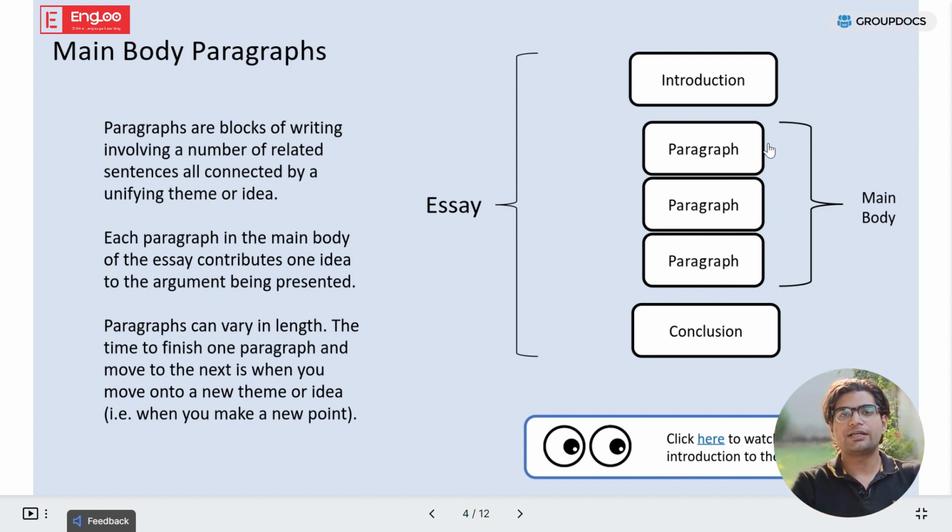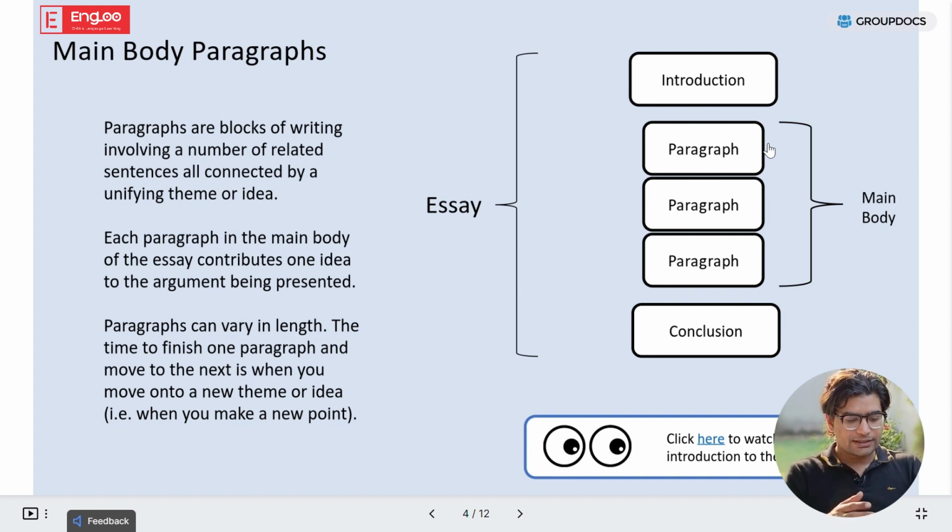As long as you are dealing with one single theme, you will keep on adding your information in the same paragraph. And once you start with another theme, you are going to start a new paragraph for that theme as well. So it means every passage should have its own dedicated point and agenda.